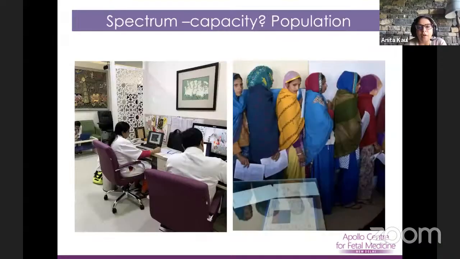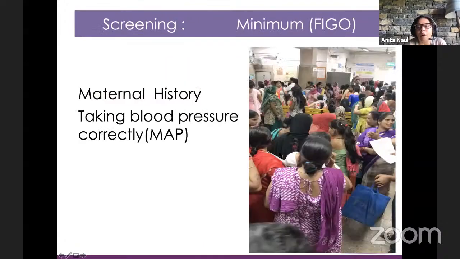And therefore, for all of us, and it depends on where we work and what is the population that we're looking at and what is the capacity of the population, whether we're at Apollo or at a public hospital, we need to take a call on what is the minimum that you offer for screening.